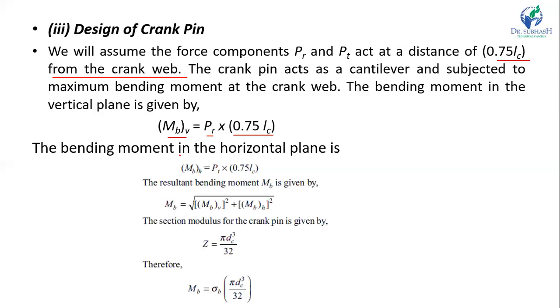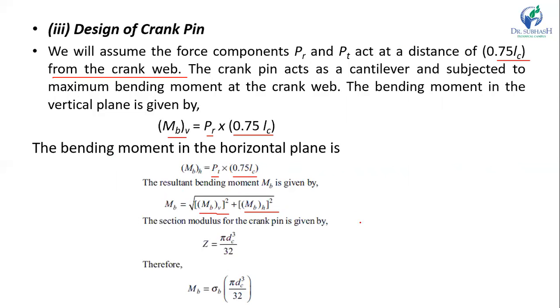Similarly, the bending moment in the horizontal plane is MBH is equal to PT into 0.75 LC. The resultant bending moment MB is given by root of MBV square plus MBH square.